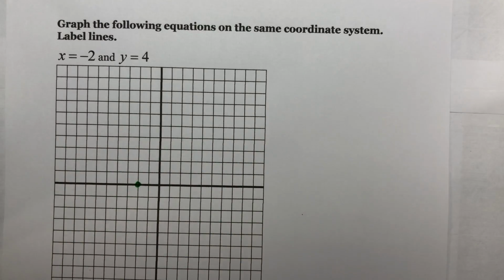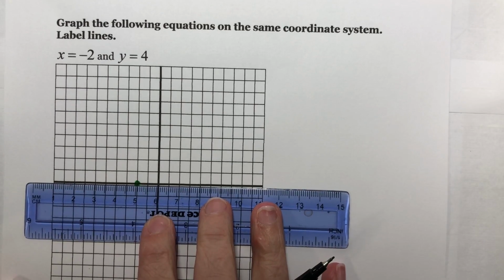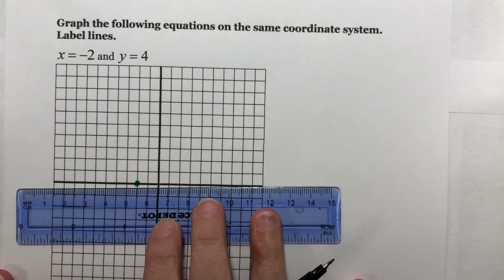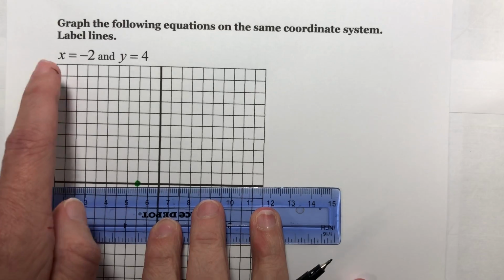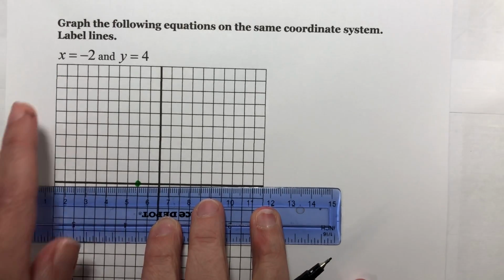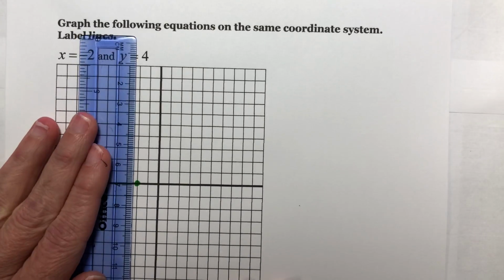Now maybe you have trouble remembering whether it's supposed to be a vertical or a horizontal line. If I draw a horizontal line through here, I'm going to cross that y-axis everywhere, all over the place. Remember that the letter that you have tells you which axis you have to cross, and you're usually not going to cross the other one at all. The only kind of line that must cross the x-axis is a vertical line.